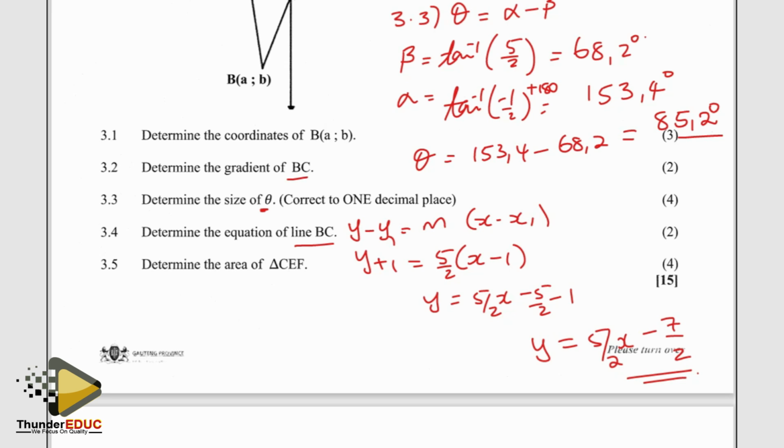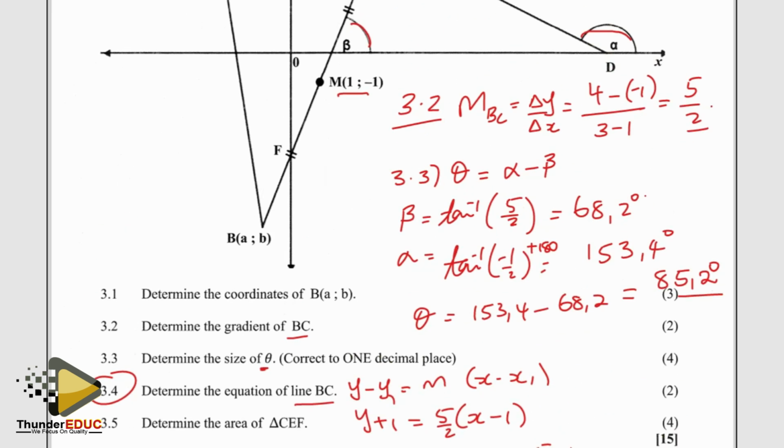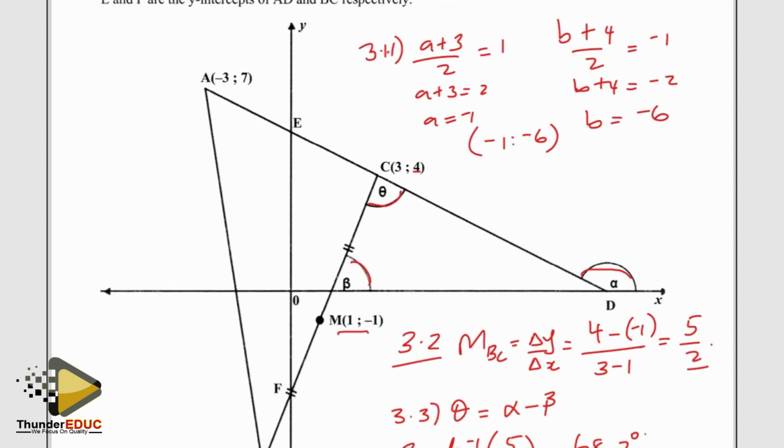So that is 3.4. Now 3.5, they want us to determine the area of CEF. Okay. So the area of this triangle here. So what I'm going to do, since this is a triangle, I can just use a half base height.